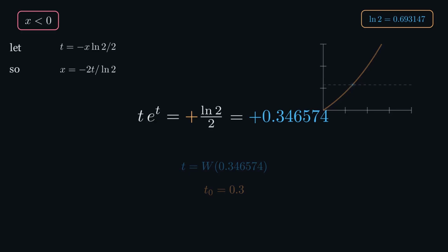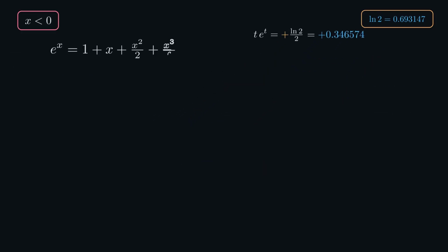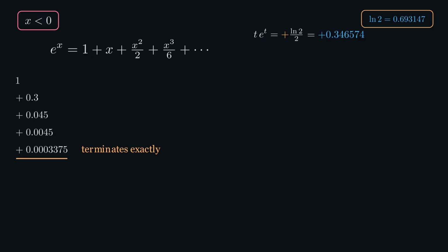Newton, full bookkeeping, guessed t equals 0.3. e to the 0.3, by series, 1 plus 0.3 plus 0.045 plus 0.0045 plus 0.003375, that one terminates exactly, plus 0.000020.